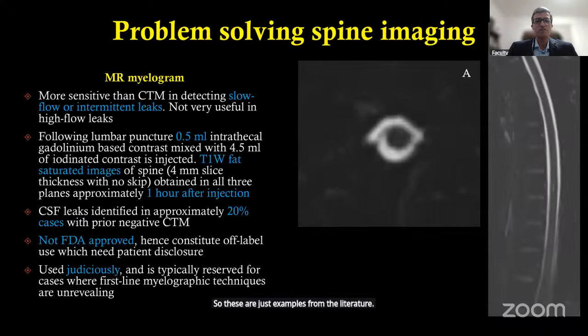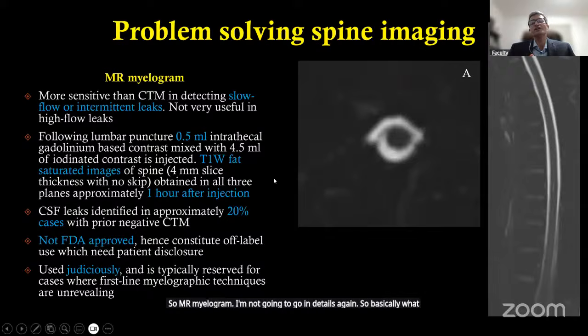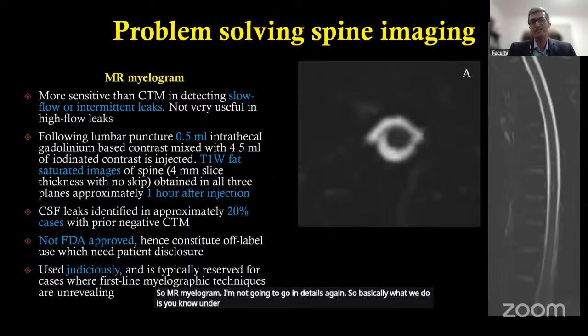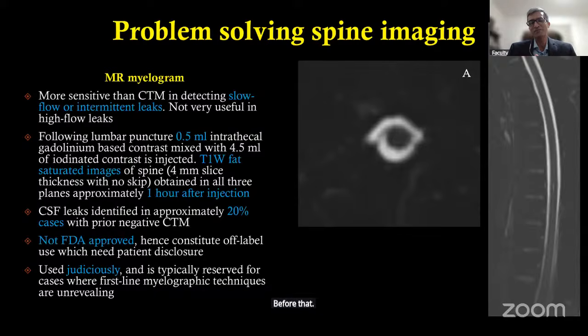So MR myelogram, I'm not going to go into details again. Basically, under fluoroscopy guidance, you do a lumbar puncture and inject iodinated contrast mixed with some gadolinium, usually half a cc. Before that, you do fat-suppressed T1 weighted pre-contrast imaging, then do your injection.